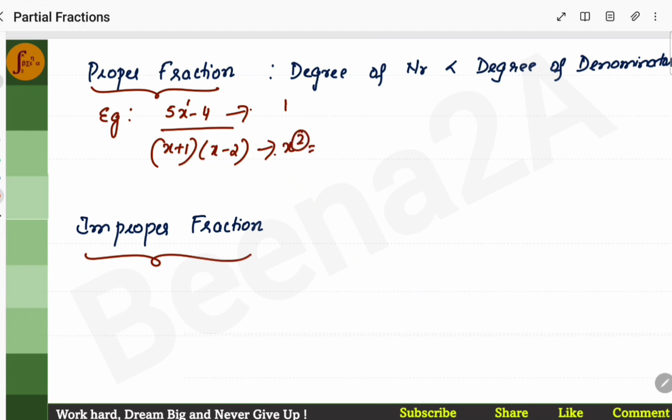So the degree is 2. Now if you see, numerator degree is 1 and denominator degree is 2. So degree of numerator is less than degree of denominator. Therefore, this is called a proper fraction, because the degree of numerator is less than the degree of denominator.